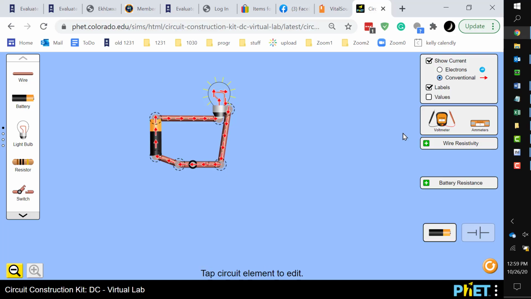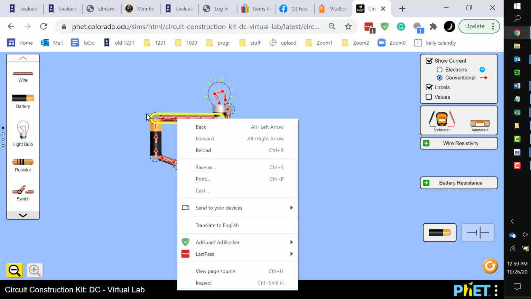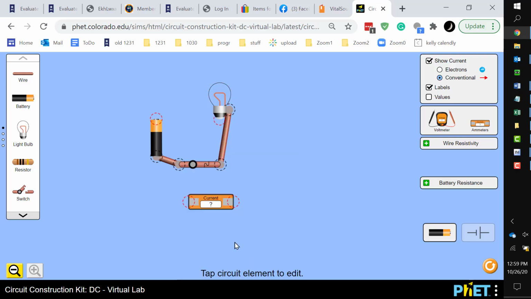I could actually put in a current meter called an ammeter in here as well, instead of this wire perhaps. Right, so right now it's got a current of 0.25 amps flowing through the whole circuit. I tend to think of the battery as a pump, and the battery is pumping it through the circuit.